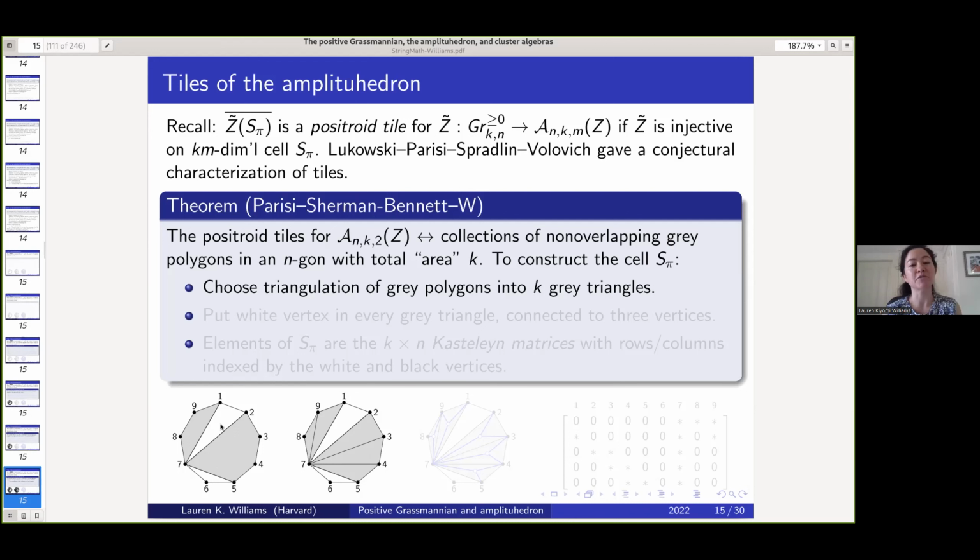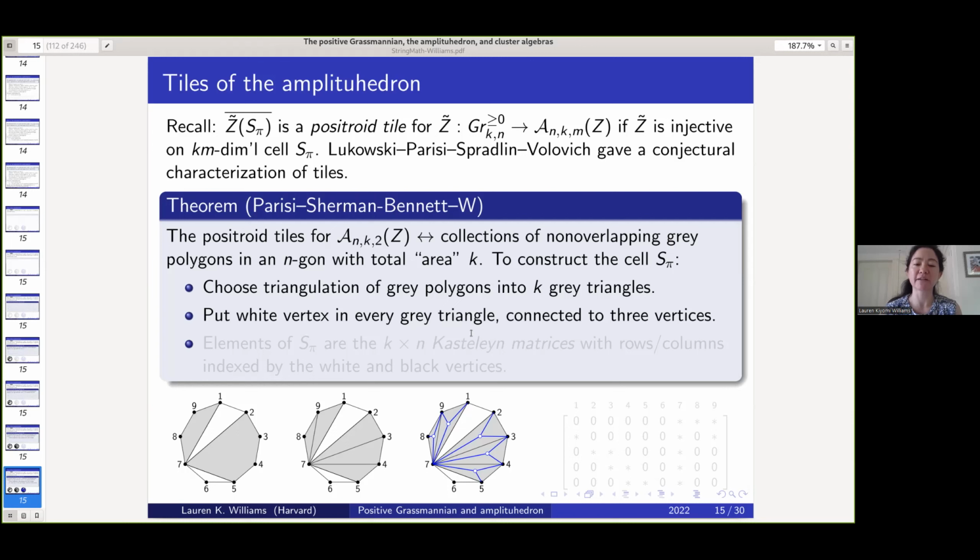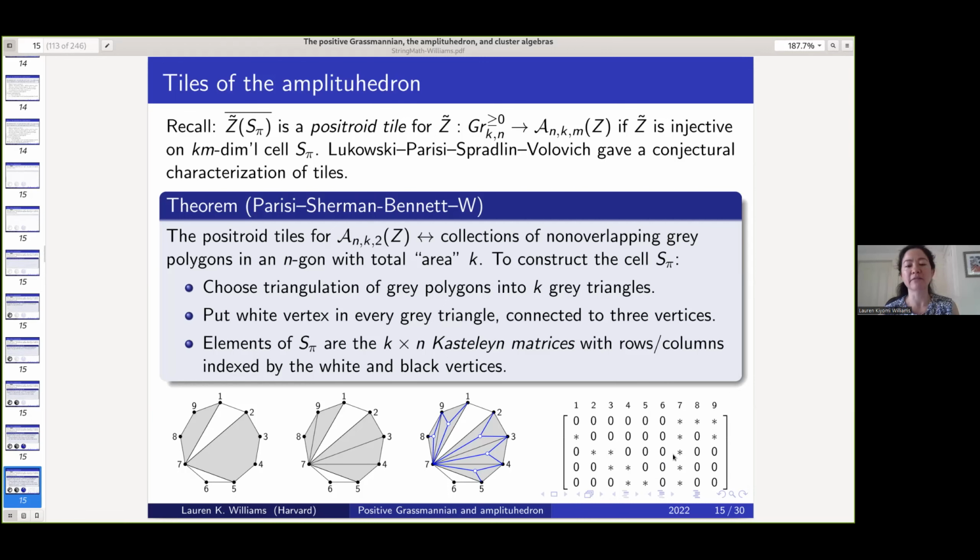I'm going to triangulate my gray polygon into those K gray triangles, however I like. Put a white vertex in every gray triangle, connected to the 3 vertices of the triangle. And then I can write down elements of a cell S pi, and these are going to be the K by n Le-diagram matrices with rows and columns indexed by the white and black vertices. So K here is 5, so I have a 5 by 9 matrix, and the different rows correspond to my different triangles in this picture.